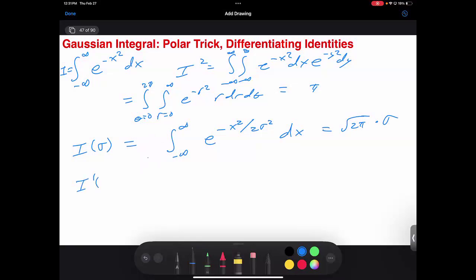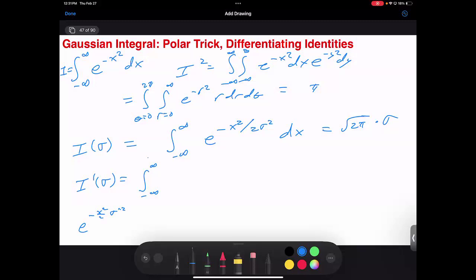What's I prime of sigma? If I can pull the derivative inside the integral, what do I get if I take the derivative with respect to sigma? I have e to the negative x squared over 2 sigma squared, so I'll get a minus 2 sigma to the minus 3.